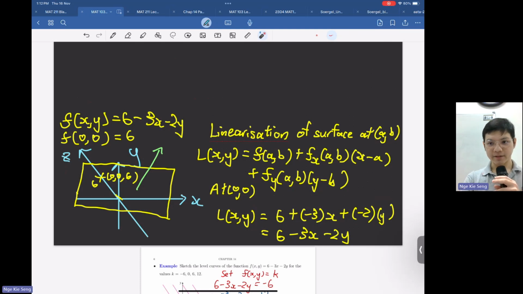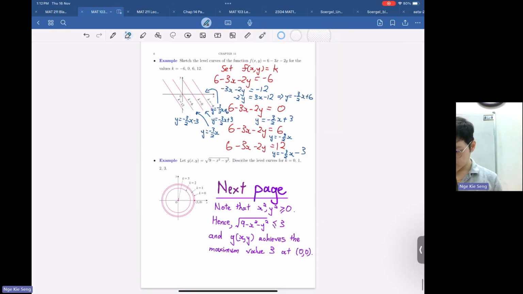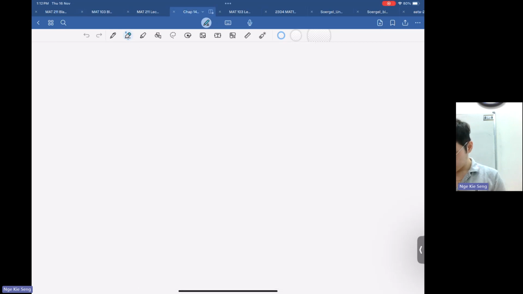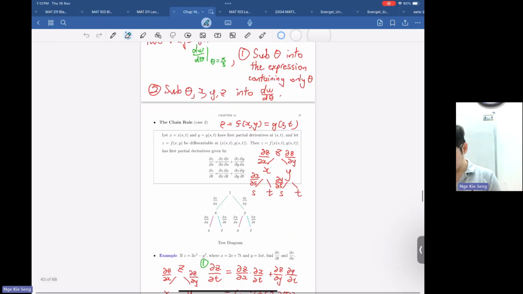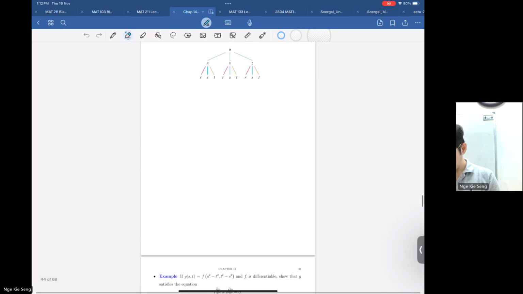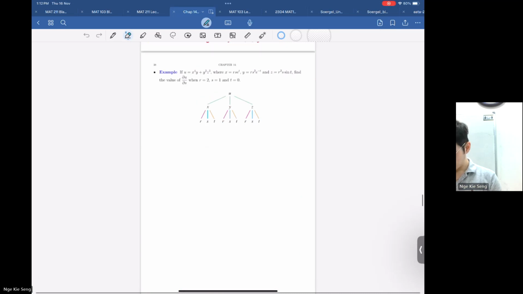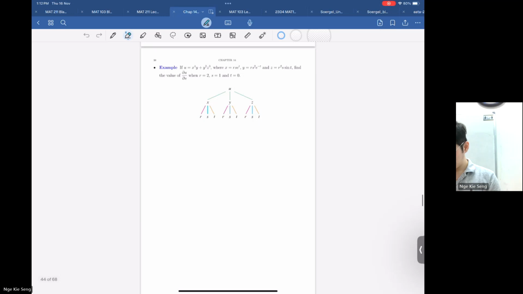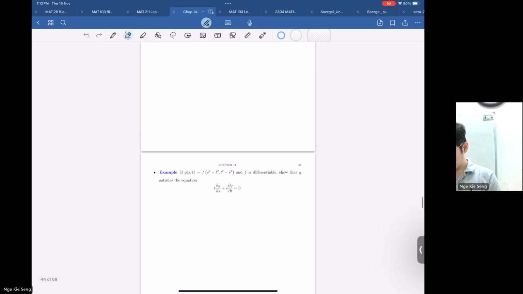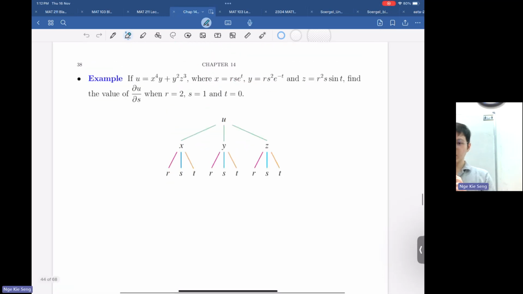Okay, and then the next thing we want to do revision on is the chain rule, right? Last time we finished at chain rule. So let's do a few more examples. How about we do a warm-up example with this?